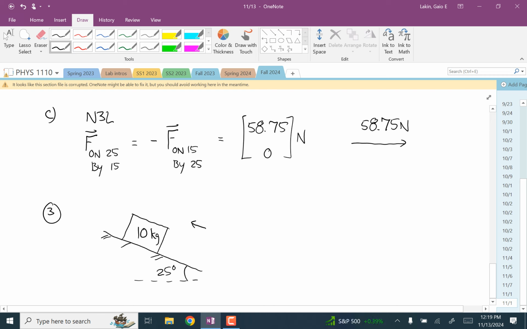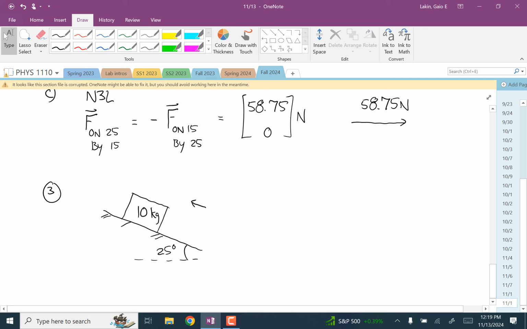So this arrow is just showing the direction of motion. That's not a force, that's just a direction. And for any of these rolling or sliding problems on inclines, the coordinate system is going to have the y-axis pointing straight out. And so the x-axis in this case has to point like that.